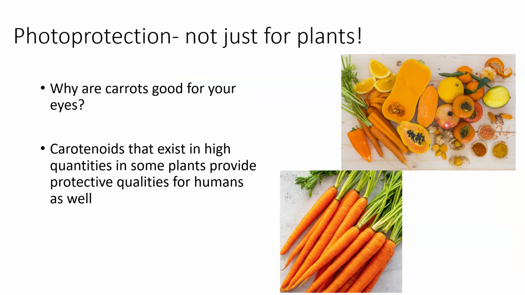They exist in high quantities in some of these plants, like carrots, like papaya, like mangoes, sweet potatoes, etc. And the phytoprotective qualities that they have also apply to humans. So kind of cool. We can eat those plants that have those compounds, and then we also access those same protective qualities. We can't synthesize these pigments, so if we don't eat them, we do not have access to them.